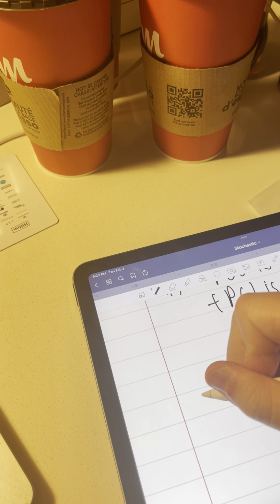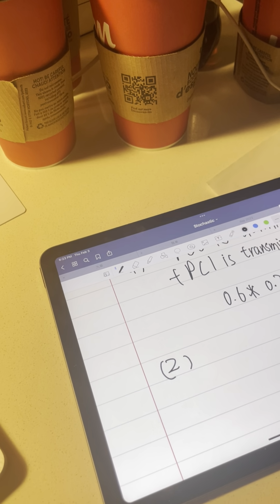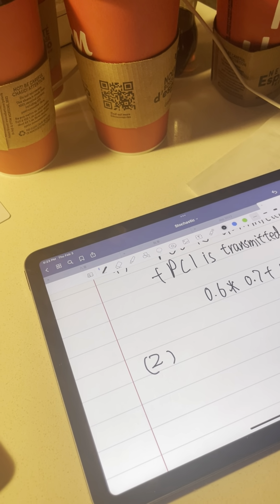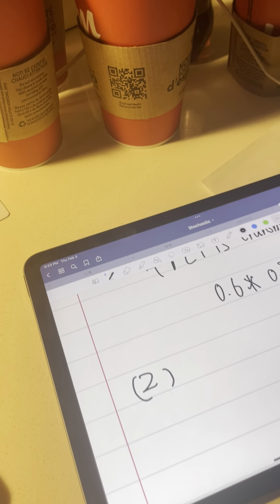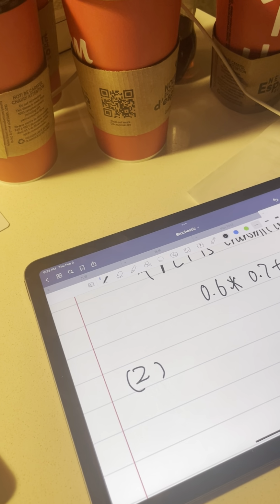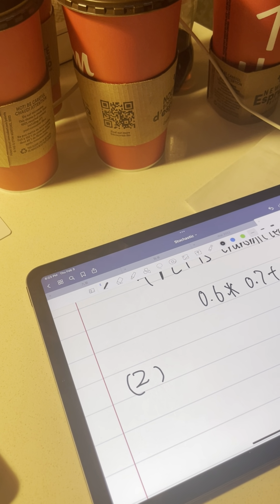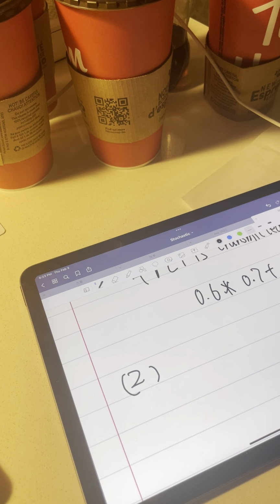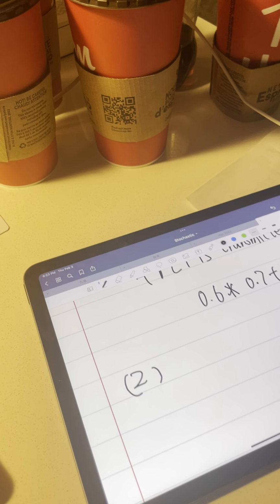For part 2, we want to know the probability of error. So in case 1, when 0 is transmitted, there is a 0.3 probability that 1 is going to be received.